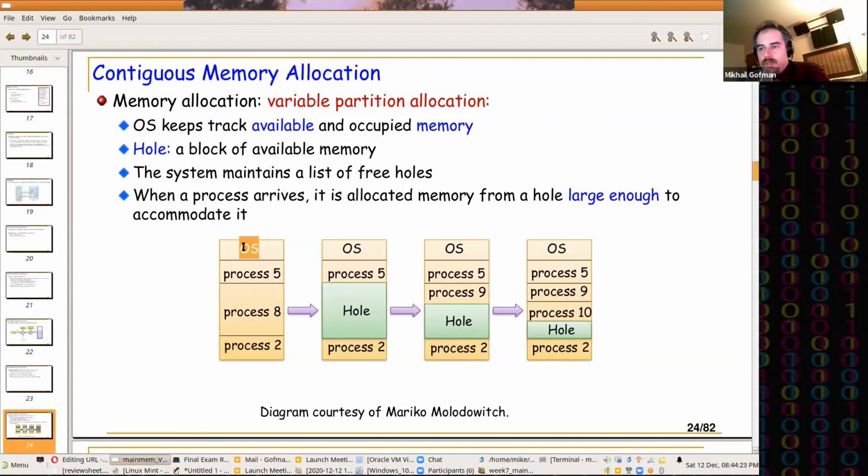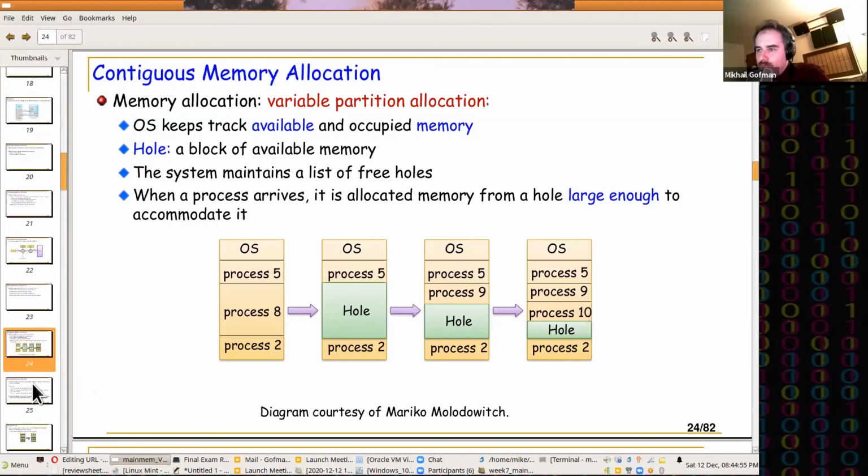The operating system is at the lower addresses, and then there is process 5, process 8, and process 2. Let's say process 8 terminates, so this will leave a memory hole right here. And let's say process 9 starts up. Process 9 can fill the upper part of the hole. Then let's say that process 10 starts up and it can fill another part of the hole.